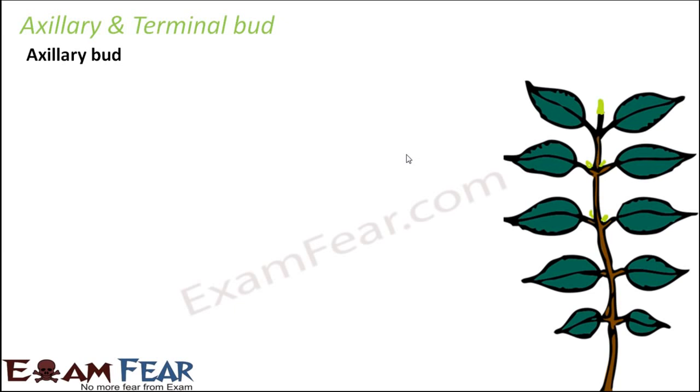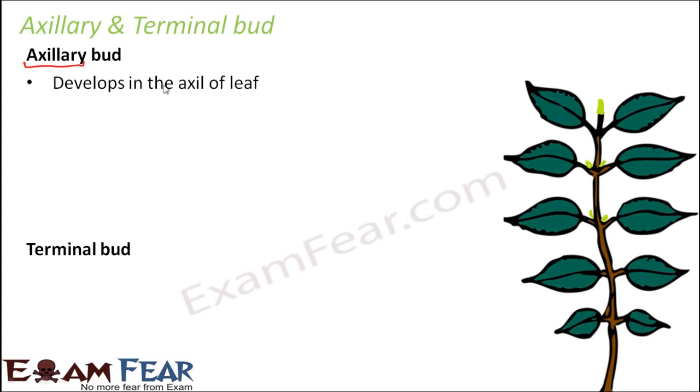When I say axillary bud and terminal bud, what do the names suggest? Axillary bud, the term axillary is derived from the word axil. So it is that bud which develops in the axil of a leaf. So if you look at this figure, this is the leaf. So this is the axil of leaf.